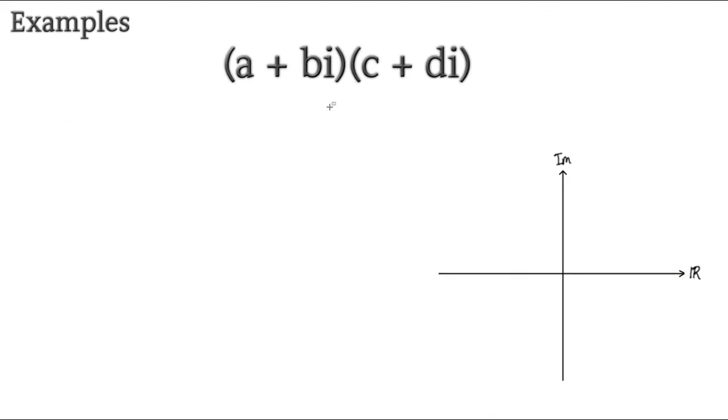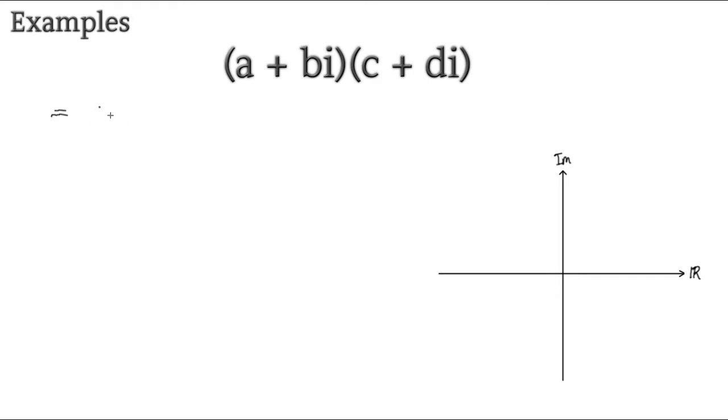To multiply two complex numbers, however, is a bit more tricky. You can indeed do the simple algebra method, which is to break the brackets open using either the crab claw or FOIL methods.